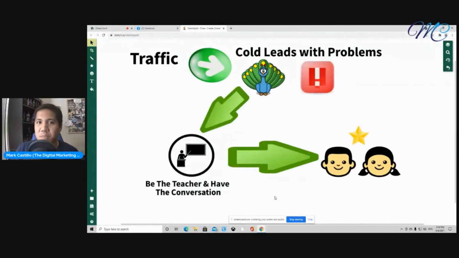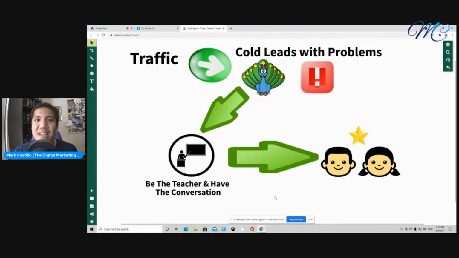So, for example, if I have a list of people from my traffic that is centered around, let's say, make money online, I want to write emails that have everything to do with make money online. This includes maybe something that you learned from a seminar that you attended last year. That can be an email that you send to your list. You can teach them what you learned from that seminar.